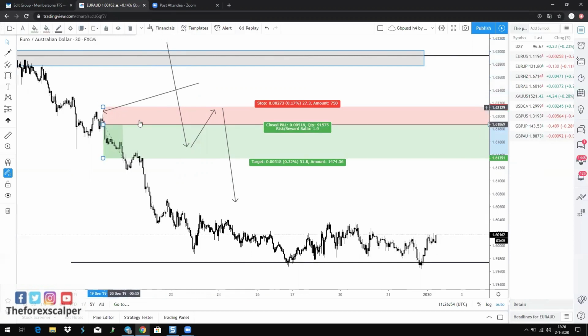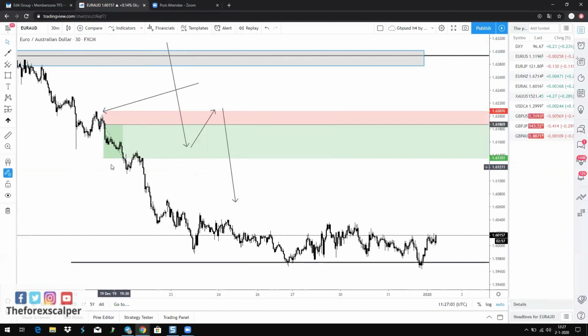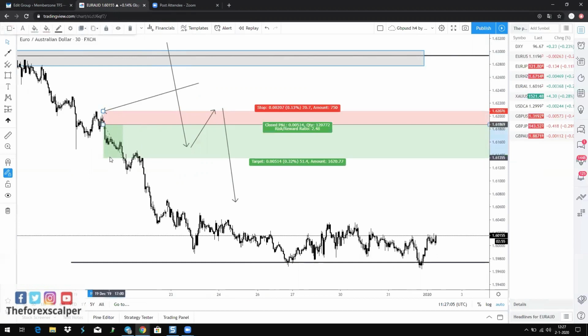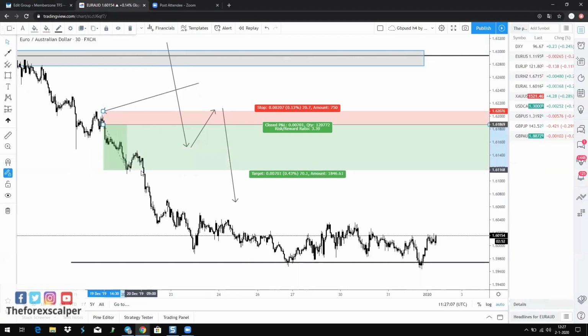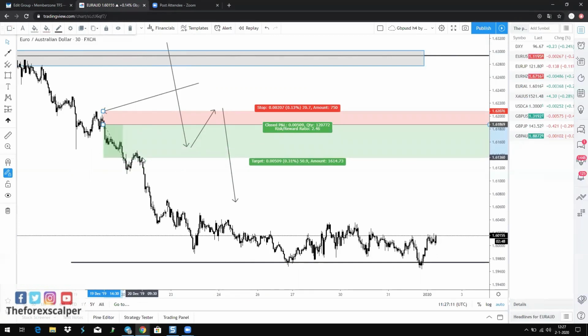After you see this pullback. It stops right here. So you risk 20 pips for a great reward of, you could aim for 70 pips, 60 pips, and then you have a risk to reward ratio from 1 to 3. So you're risking 20 bucks to gain 60 bucks, okay?